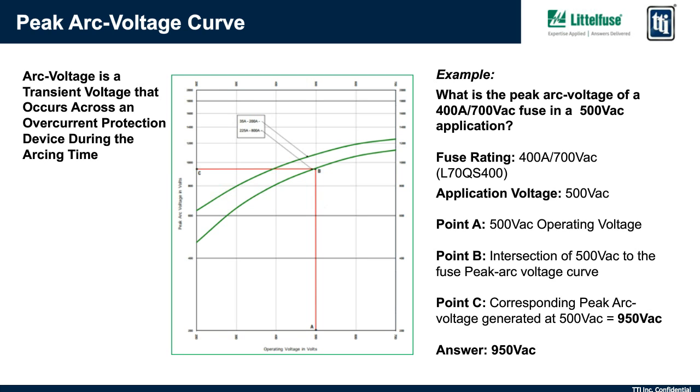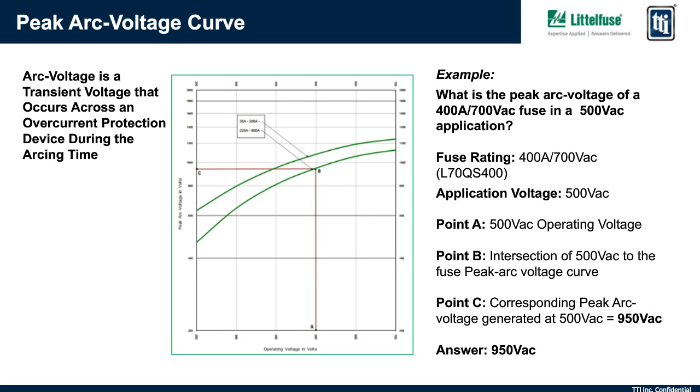So care should be taken during the fuse selection process to ensure that the peak arc voltage from the fuse is less than the power semiconductor device peak inverse voltage to avoid a breakdown in the semiconductor device.